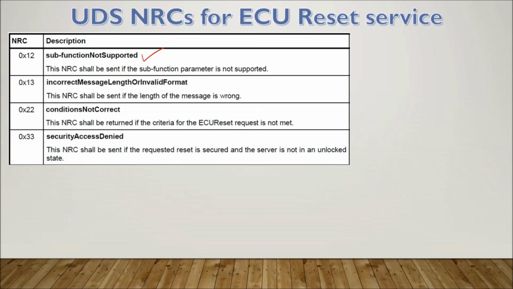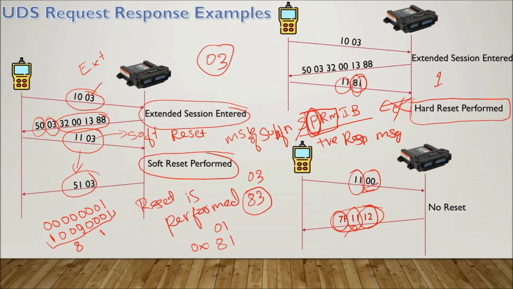Subfunction not supported. So this subfunction is not supported, and hence that response comes. So this is the NRC. NRC is negative response code. The negative response code gives the reason why the service request is not fulfilled. That reason is given by the NRC.